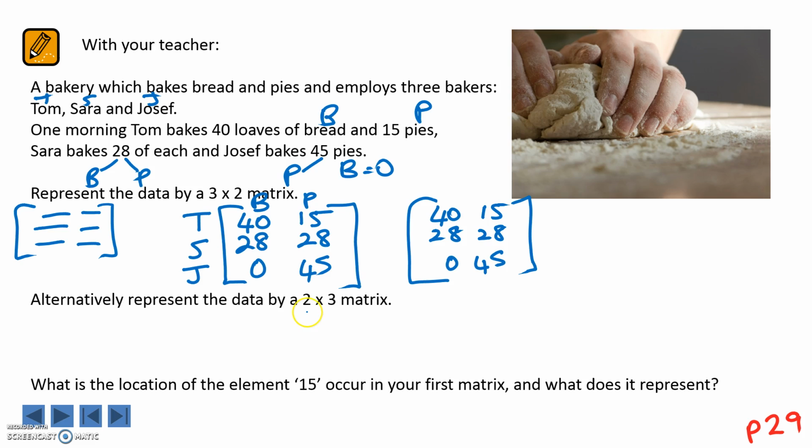We could alternatively represent this data by a 2 by 3 matrix. So it's 2 rows, but then it has 3 columns. So the same information could be represented a different way. So you need to be able to recognise how to write that down. Again, 3 ideas. So we might have Tom, Sarah and Joseph, and then we've got our bread and pies in rows.